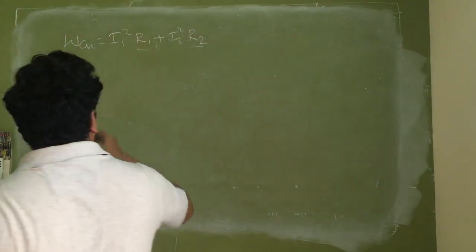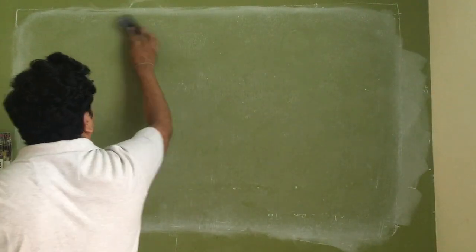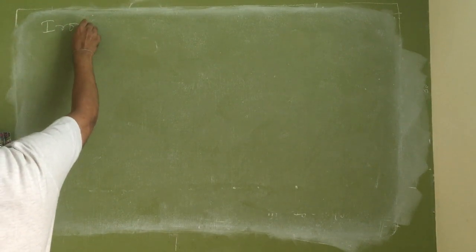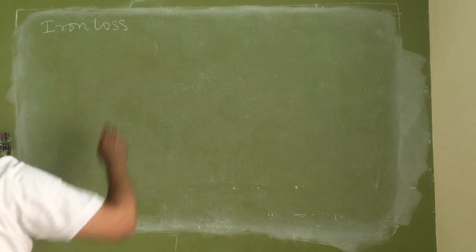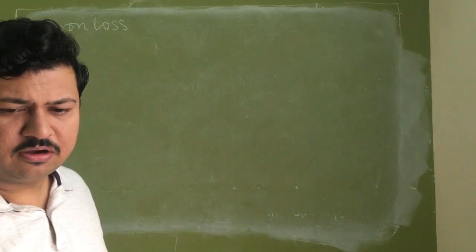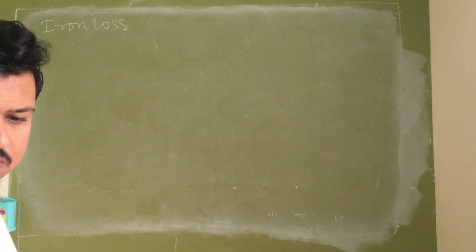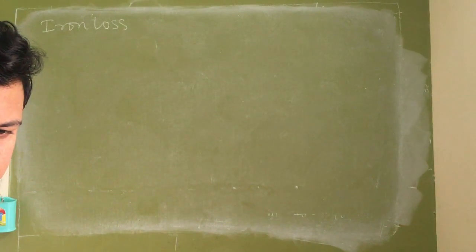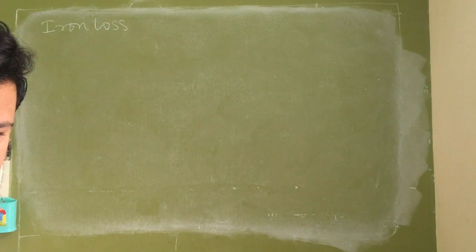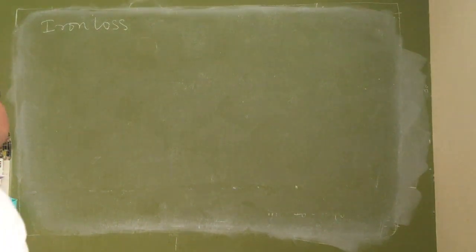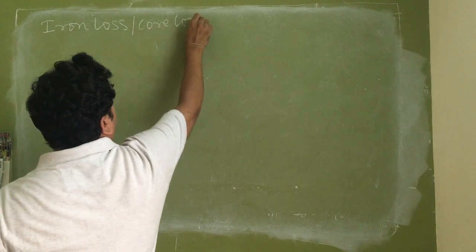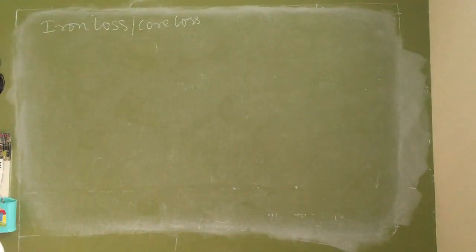Today we will be seeing the constant losses, that is iron loss. Because these occur in the iron part of the transformer, that is the core, it is called iron loss. It is also known as core loss, because these occur in the core part of the transformer.